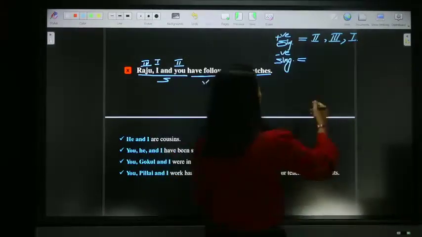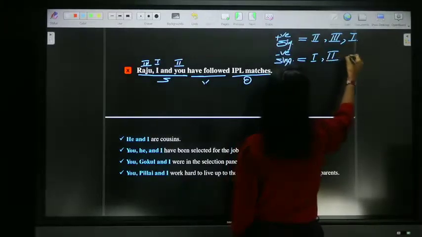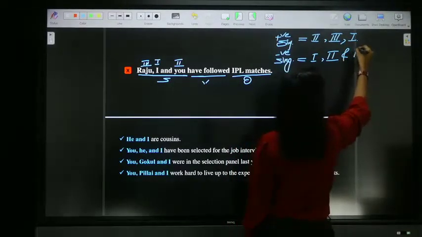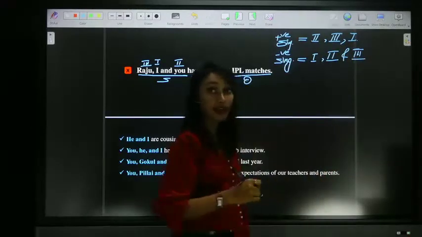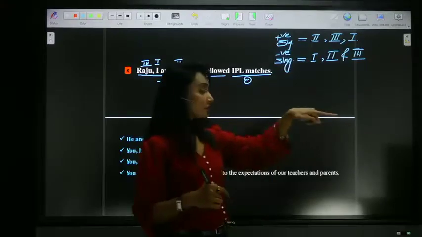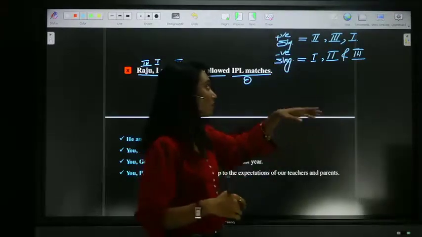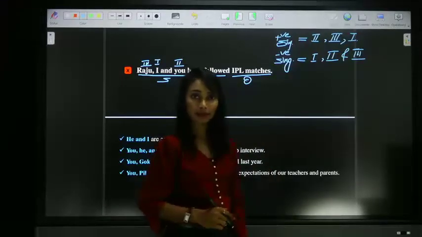So the order should be first person, second person, and third person. When it is negative, I, second person, you, third person, and he are to be blamed for this.